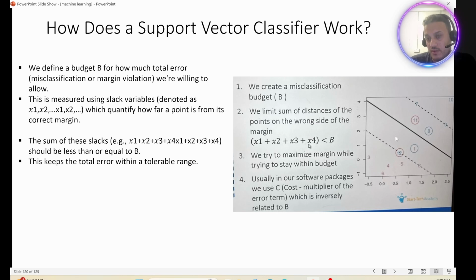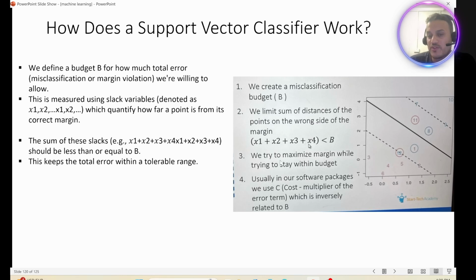This is the error. So we count all the errors we need to allow, and we assign that to the B value. The variables x1, x2, x3 are called slack variables, and the sum of these slacks is supposed to be less than or equal to the B value.